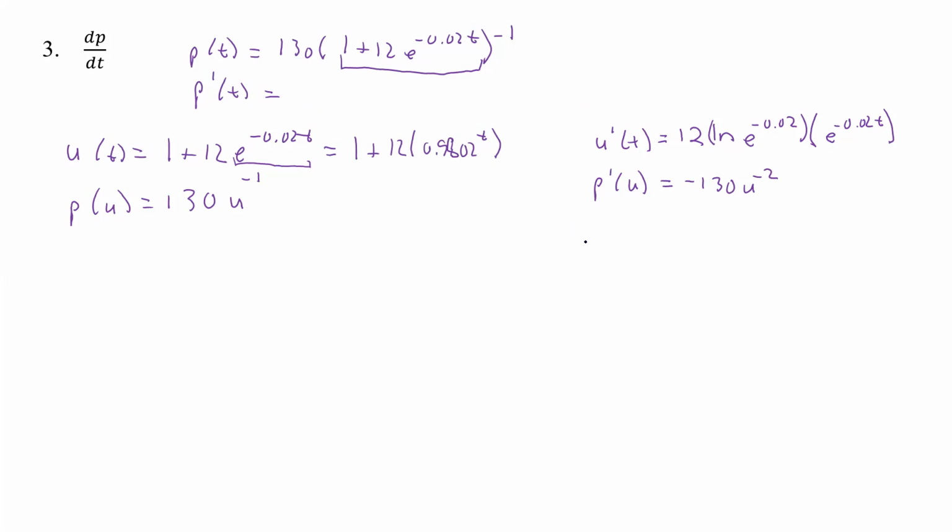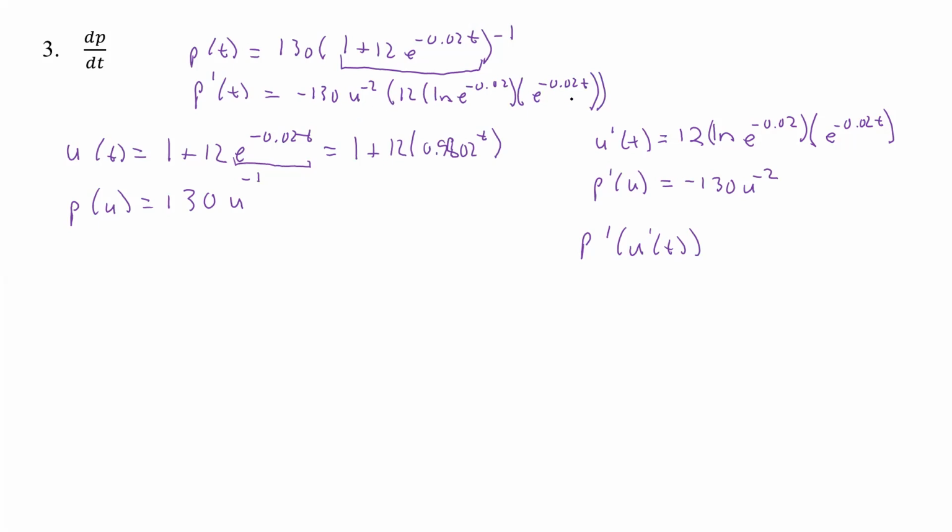We're taking the p prime of u of t, so I have to take the derivative times the derivative. If I put the p first, I'm going to have negative 130 u to the negative 2, and then times that 12 times the ln e to the minus 0.02, and then times the e to the minus 0.02 t, and then in parentheses, since I put one here, now I have all that.